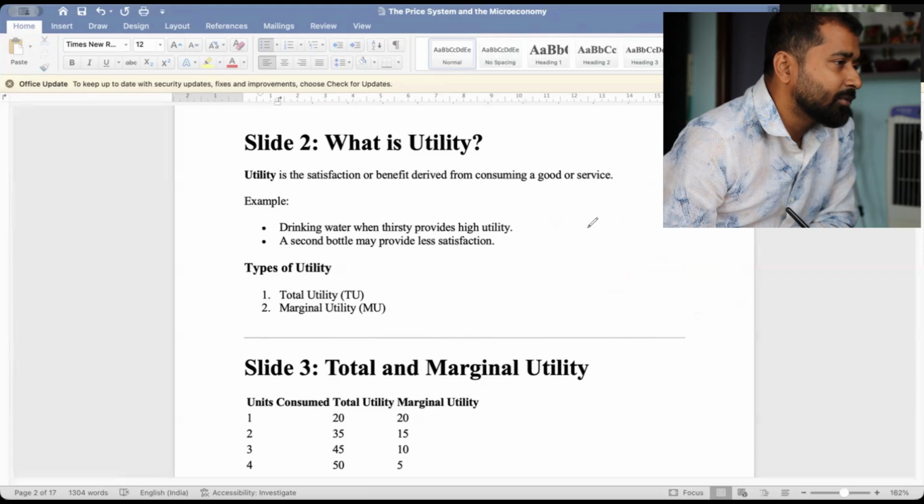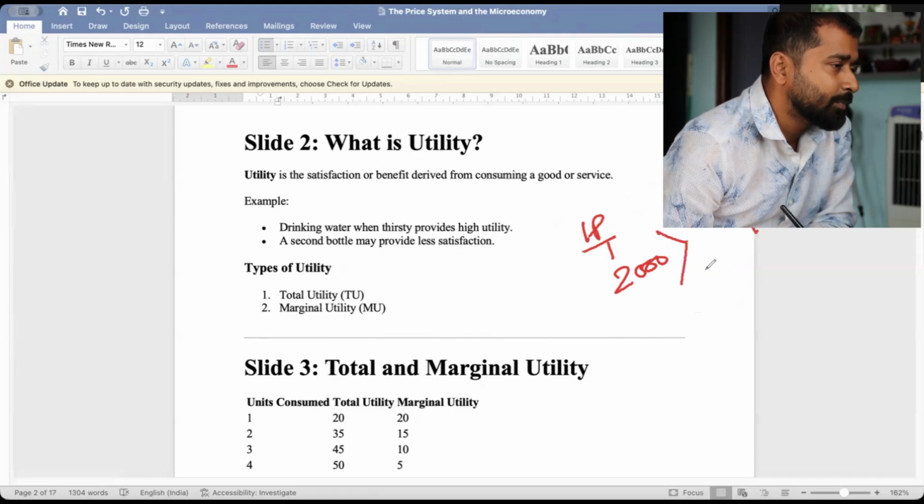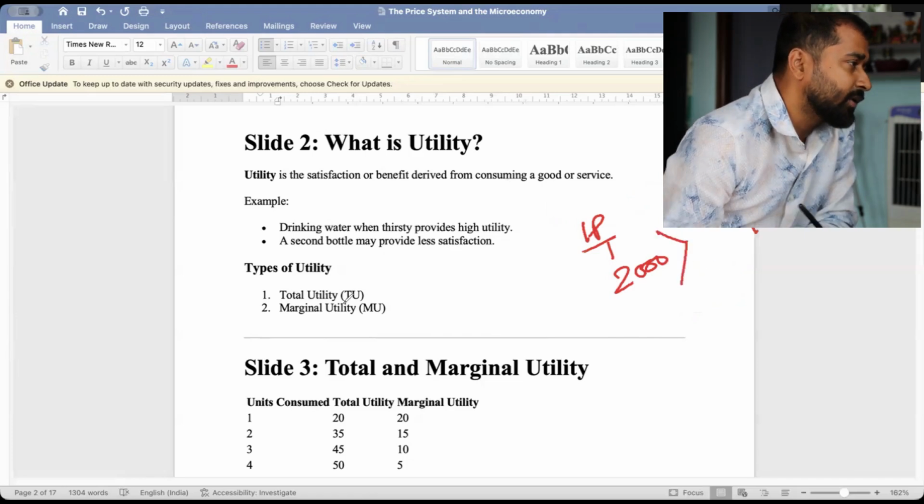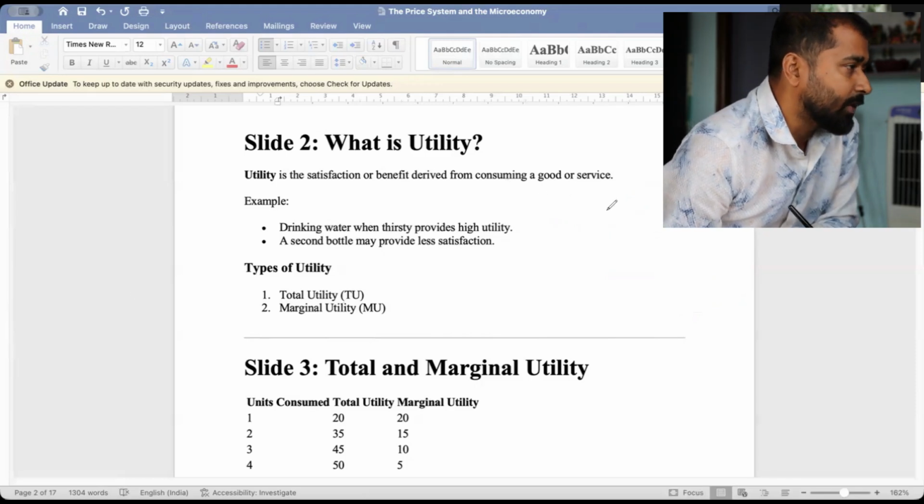Now, if I talk about iPhone utils, say you tell me that when you purchased it the util is, for example, 2000, and the Realme util is, say, 1000. So you can find out that the iPhone has better utility than Realme, so definitely you are going to purchase the iPhone if you have the purchasing power.